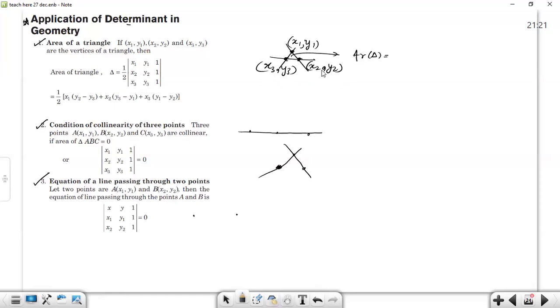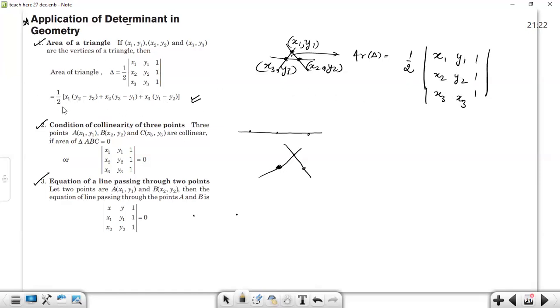The area of a triangle will be given by half into the determinant. In the determinant, the third column will all be 1, and the vertices will be written in the first and second columns. The second vertex is in the second row, the third vertex in the third row. As simple as that. So simply solve this, and there's an expanded form also written.